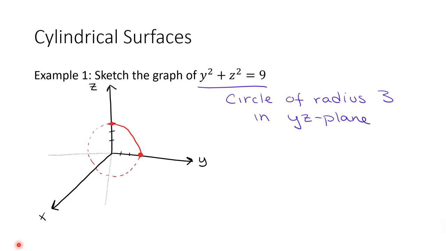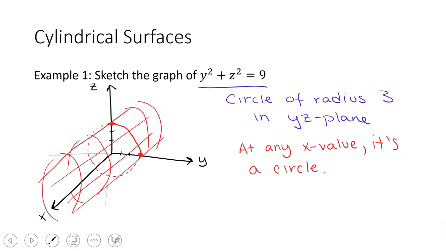Now, because this equation doesn't have any x's in it, as I move along the x-axis, wherever I am on the x-axis, if I take a slice through that graph, I'm always going to see the exact same thing, a circle with a radius of 3. Let me try to draw that on my graph paper.